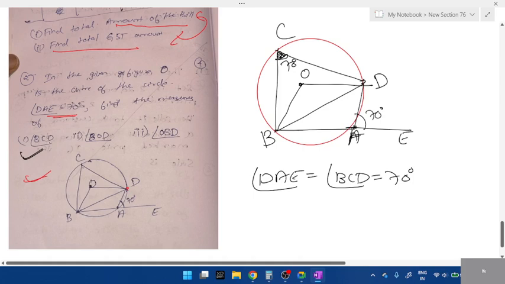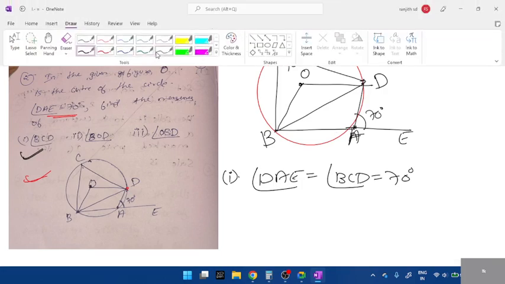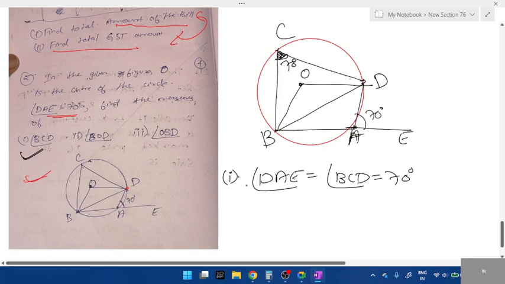First question. So what's the reason you have to write? Just by looking at this, you can write your own answer. What is this angle, DA, interior or exterior? No, no. Exterior angle of what quadrilateral?